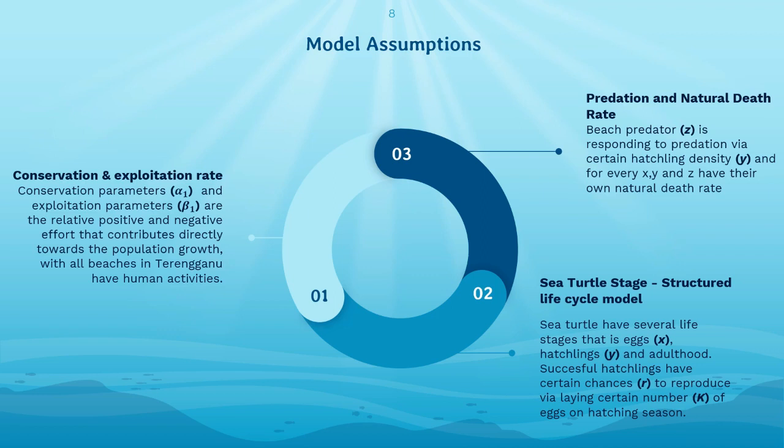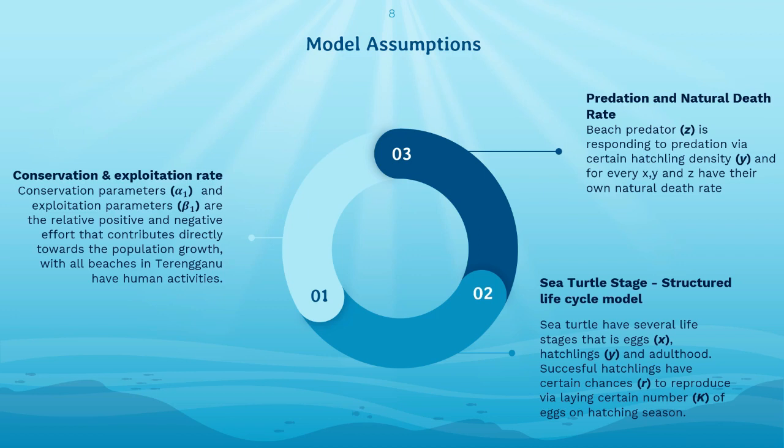Number 2, the state structure life cycle model. So we separate the two life cycles of the model, that is the adult and the hatchling, represented by X and Y. The sea turtle has a chance to reproduce, R, and also they have a capacity number, that is the K. And also we have the third assumption, that is the predation and natural death.